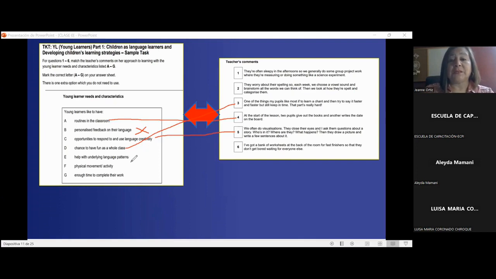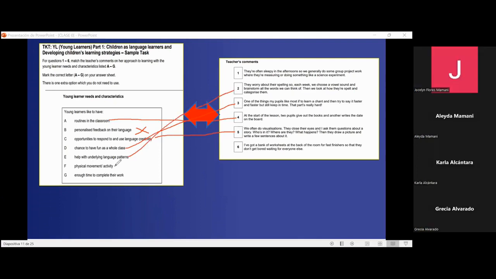Language patterns. I think it's number 2. Exactly. Number 2. Physical movement activity. Six. Six. Are you sure? It's number 1. It's number 1.